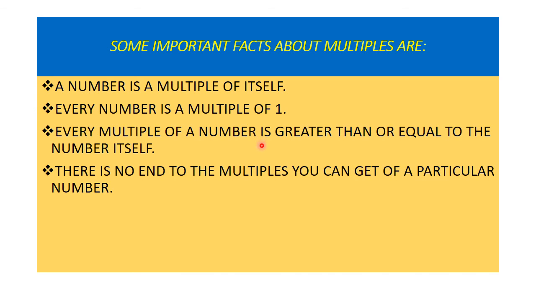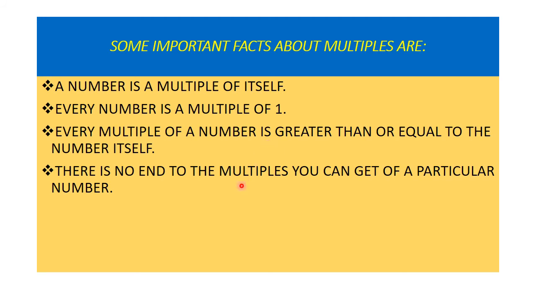So it is clear that a number smaller than 5 cannot be a multiple of 5, and the number equal to 5, which is 5 itself, will be a multiple of 5, and so will numbers greater than 5. The second multiple we got was 10. So 10 is greater than 5 and 5 is equal to 5, so both these numbers are multiples of 5. But a number smaller than 5 cannot be a multiple of 5. I hope this point is clear.